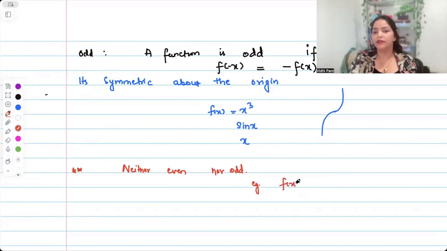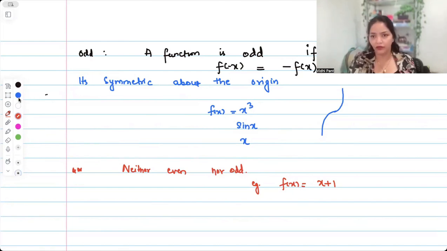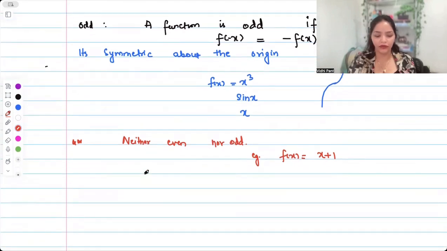If you take f(x) = x + 1, it won't satisfy any of the two definitions that you have. f(-x), is it f(x)? No. f(-x), is it -f(x)? No, even that's not happening. Okay, so this is neither even nor odd, and there are plenty of functions which are neither even nor odd.